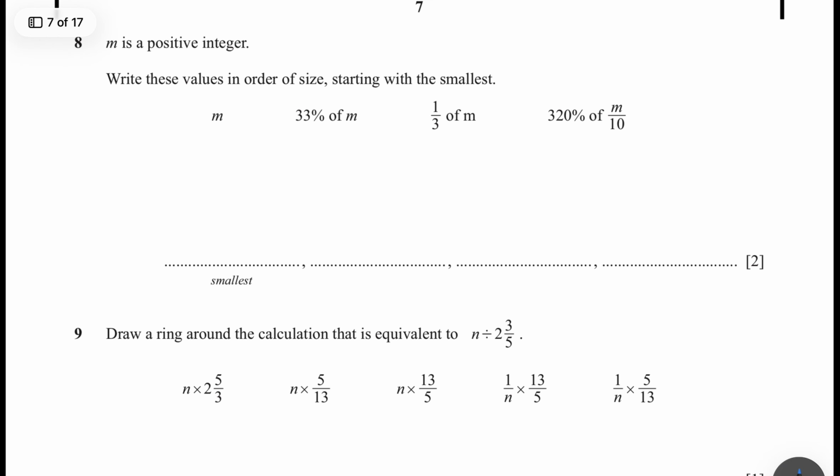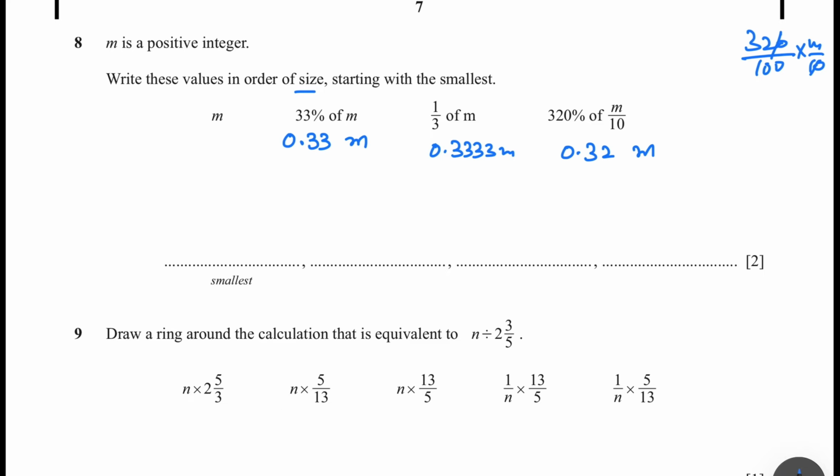Number 8. m is a positive integer. Write these values in order of size starting with the smallest. So m is a whole, and then we have 33% of m. We can write 0.33 of m, and 1 by 3 is 0.333 m, and 320% is 320 over 100, into m over 10, so we have 0.32 of m.